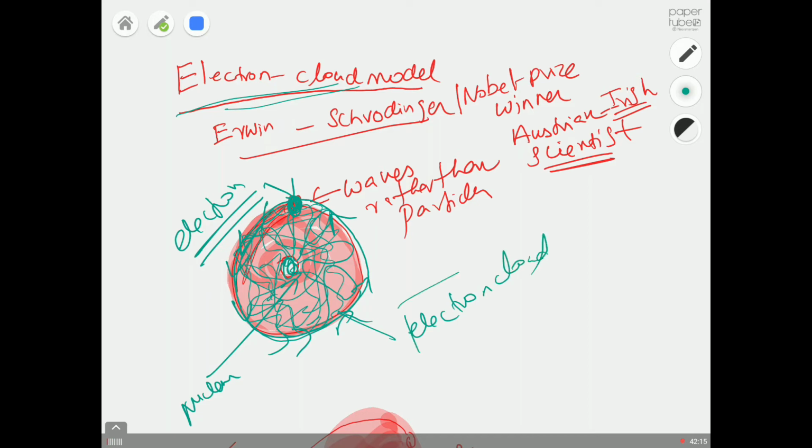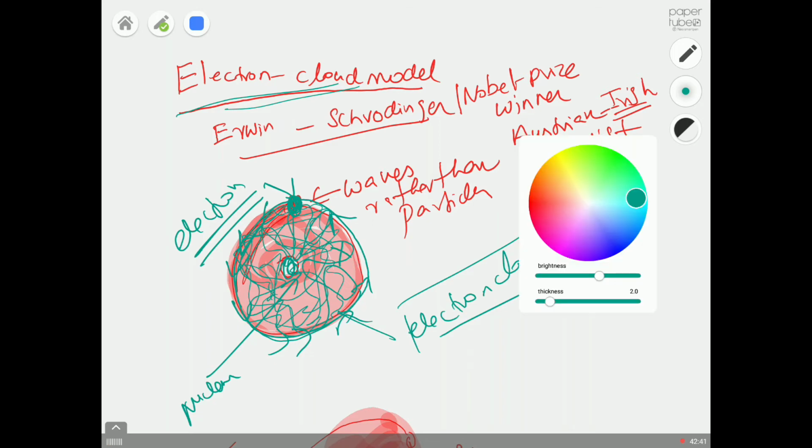What does this electron cloud tell us? At any point on that electron cloud, it is highly probable that we can find the electron.